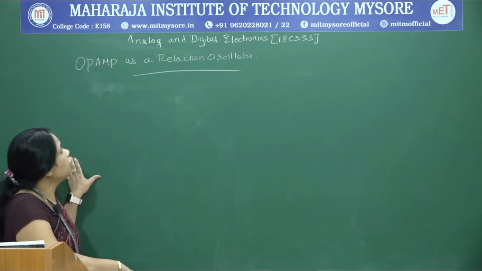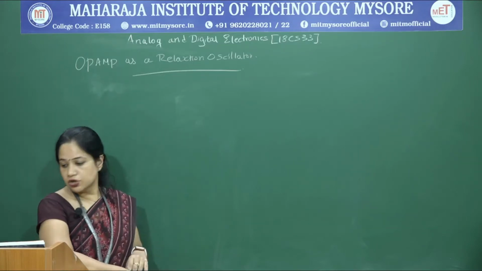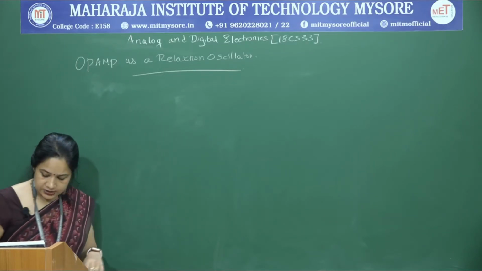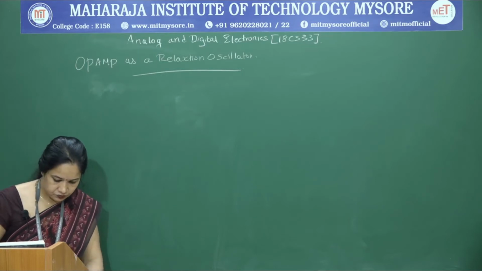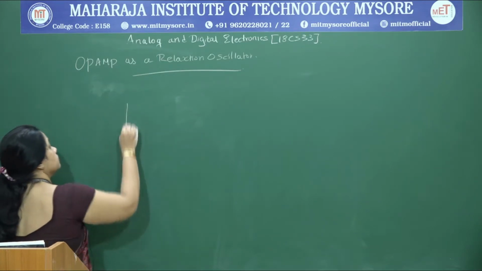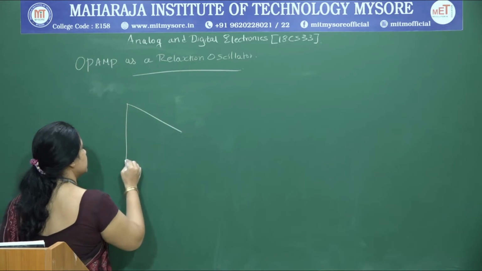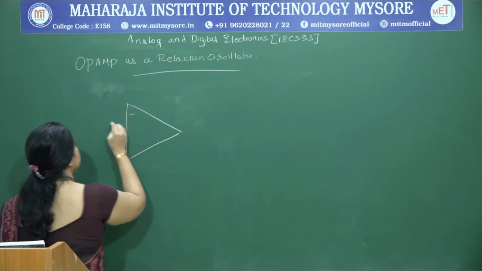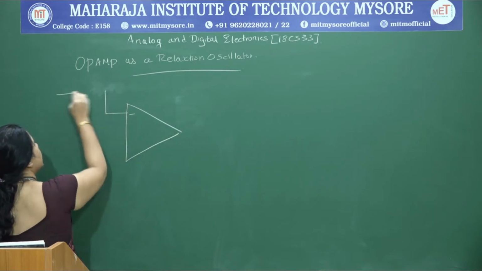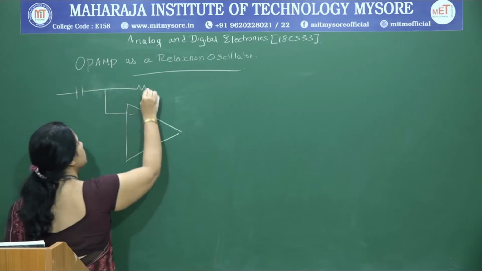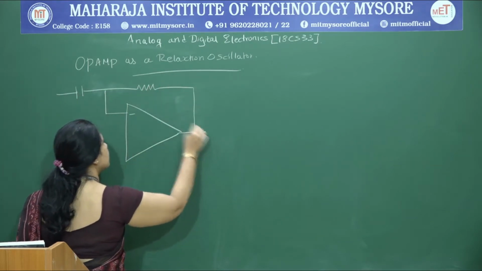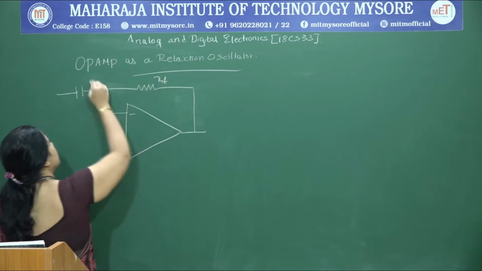So, the circuit of an op-amp relaxation oscillator is something like this. It uses regenerative feedback, and in the feedback circuit along with the feedback resistance RF, I make use of a capacitor.